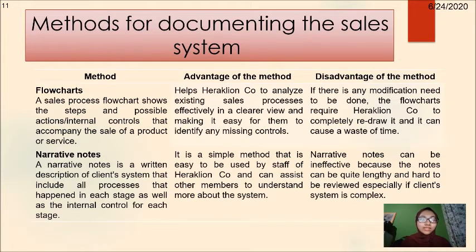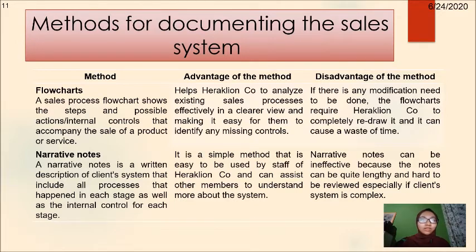This slide refers to the revenue case for group 2, which is the Heraklion company case. And we need to identify two methods for documenting the sales system, and one advantage and disadvantage for each method. For the first one, we chose the flowchart method, which is a sales process flowchart. A flowchart shows the steps and possible actions and or internal controls that accompany the sale of a product or service.